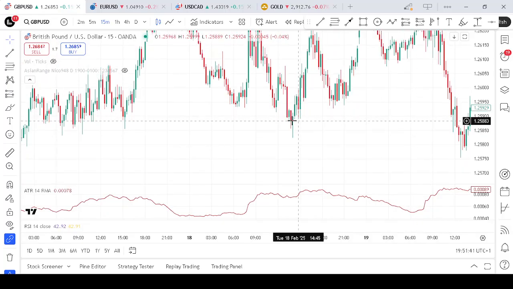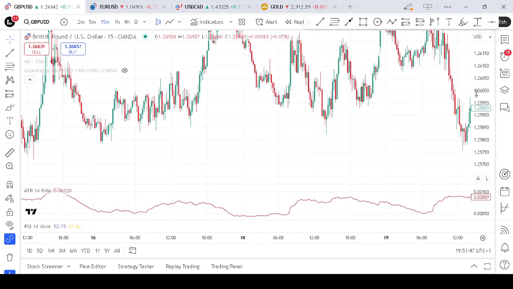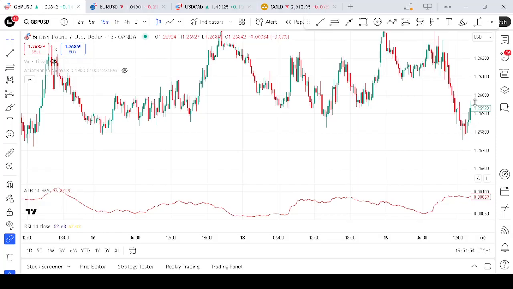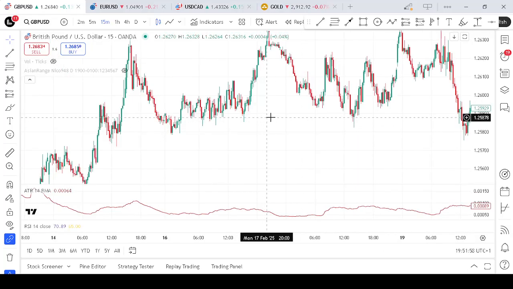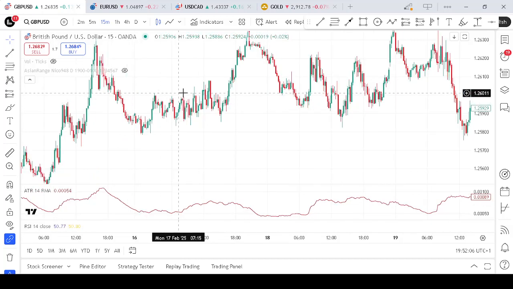This is typically caused by a lack of major news events or economic catalysts, creating a temporary equilibrium in the market where supply and demand are balanced. Like when price is moving in a sideways movement, you can notice that both supply and demand are balanced in this particular range.